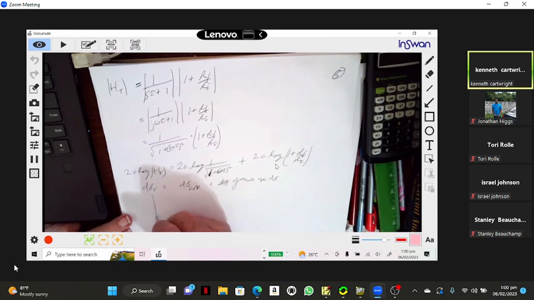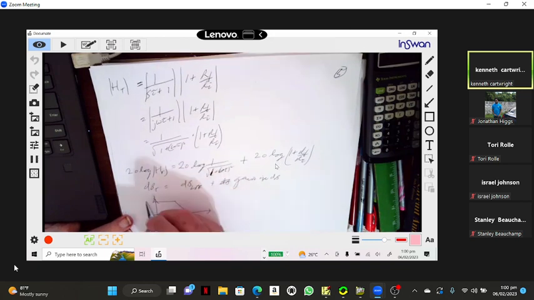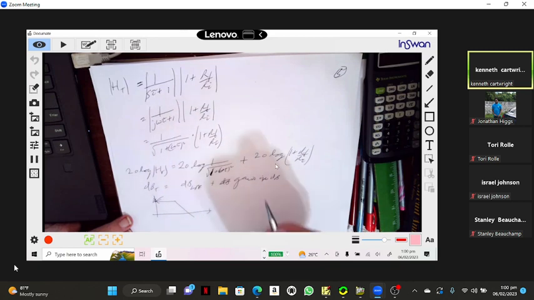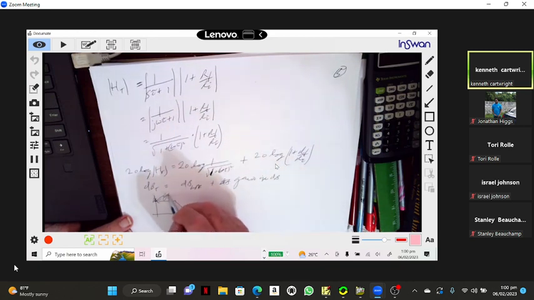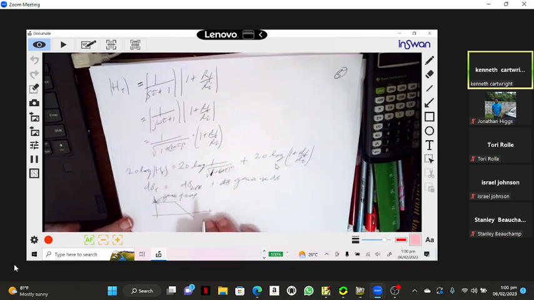So when we plot that, it looks like this. Where now the DC gain is just the gain of the amp.